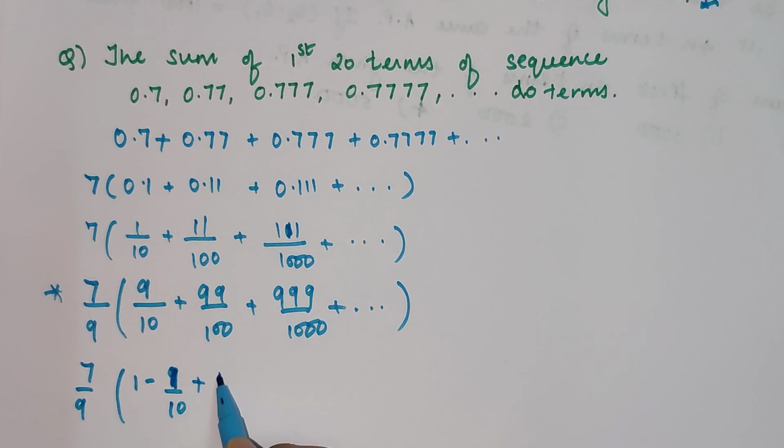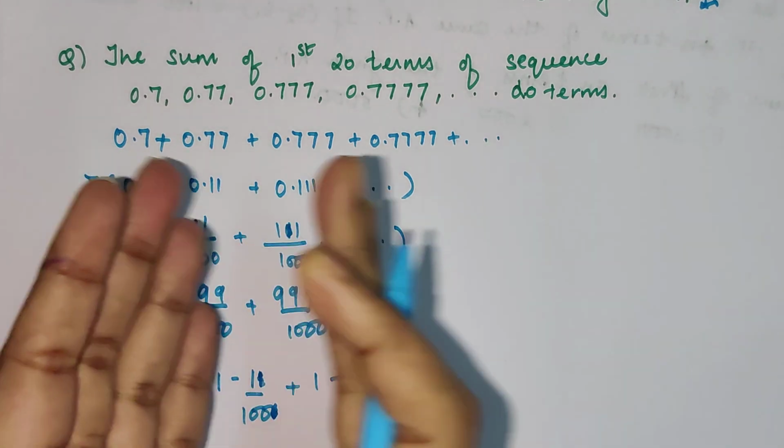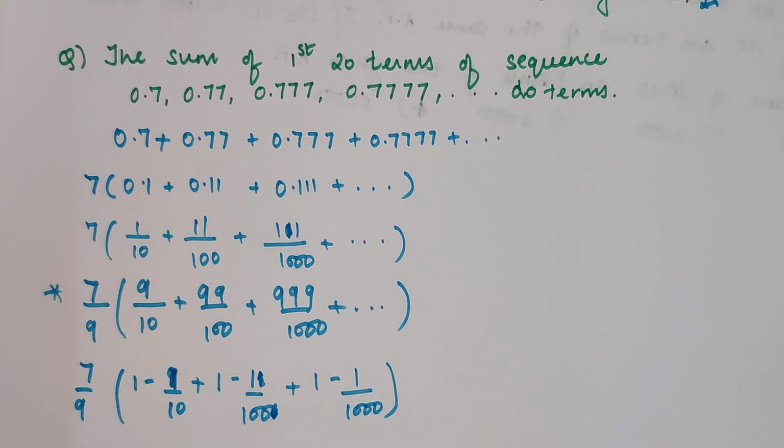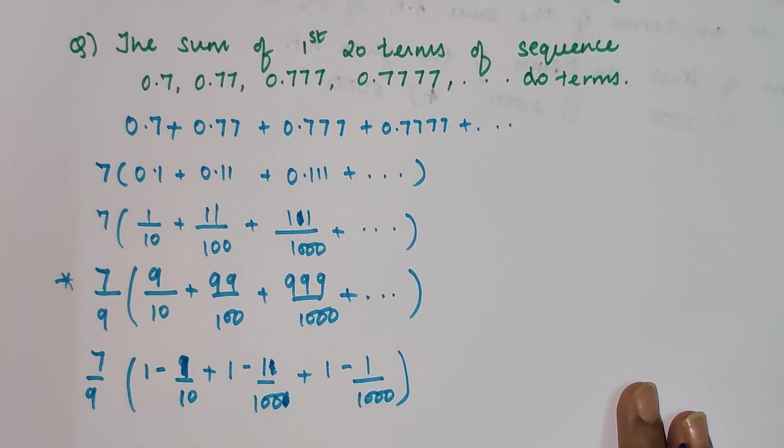Similarly, I'll get 1 minus 1 upon 100 plus 1 minus 1 upon 1000. Why am I doing this? Students, my goal is to convert this particular series in terms of a geometric progression, and that can only be possible when I do something of this kind. Very quickly you will understand why.